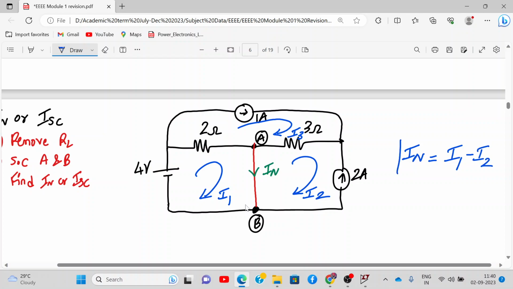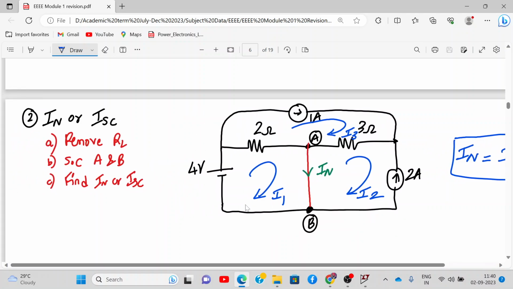This is very important to understand. First, before deciding on the current, see if it is shared with others. IN is shared with I1 and I2, so it will be I1 minus I2, because I2 direction is opposite to IN. That's why negative.